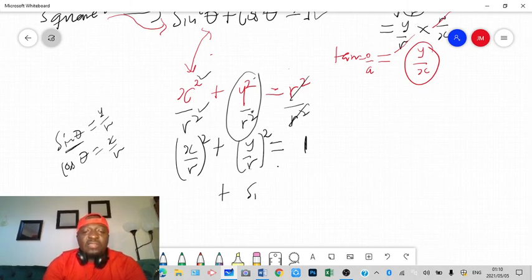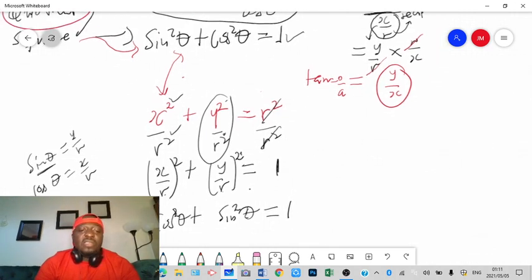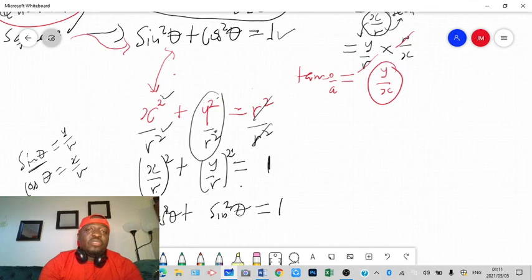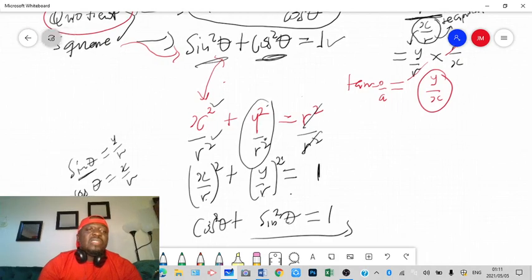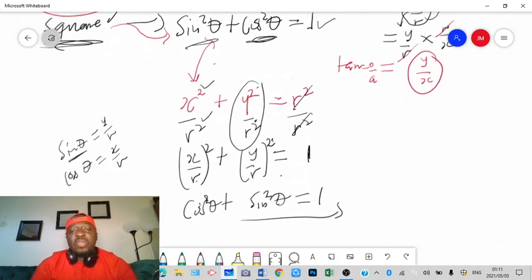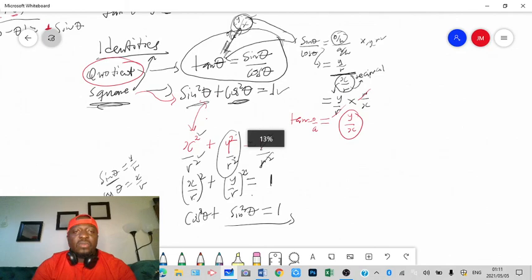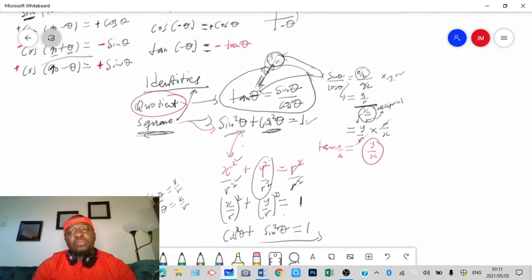So I can say sine squared of an angle, plus, replacing this, the square comes onto the ratio x over r, which is cos squared of an angle, all equals 1. It's still the same because the cos is on the other side, but addition is commutative. So cos squared plus sine squared is always equal to 1. This is referred to as the square identities.